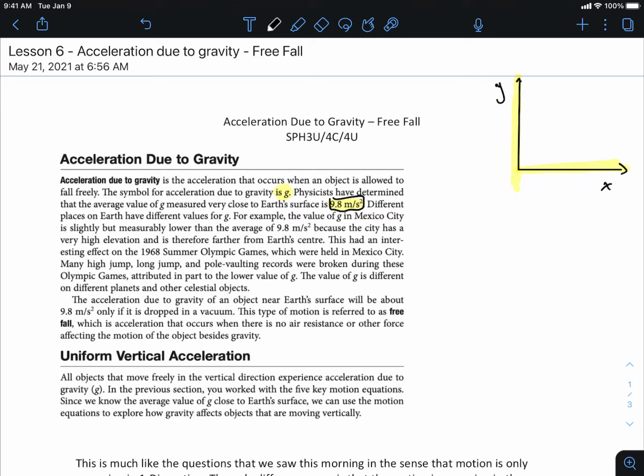But the acceleration due to gravity of an object near the Earth's surface will be about 9.8 meters per second squared only if it's dropped in a vacuum, okay? So if there's no air, basically. This type of motion is referred to as free fall, which is acceleration that occurs when there's no air resistance, okay? So what ends up happening is you're going to drop something.